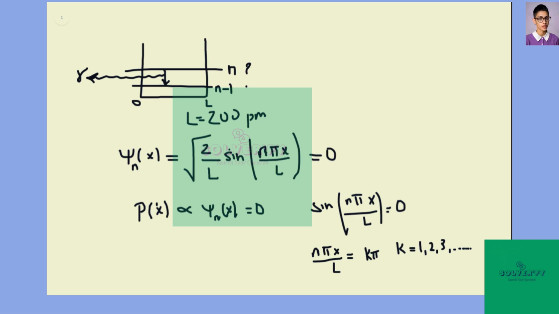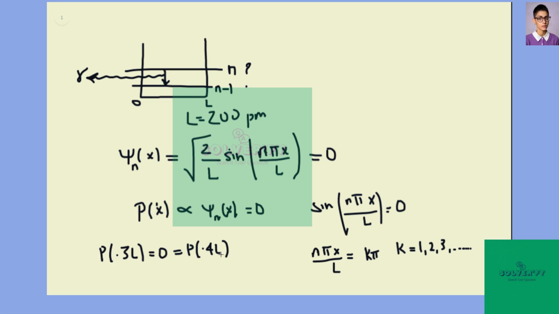Now the problem also tells us that the probability density of the electron is 0 at x equal to 0.3 L and 0.4 L. So P at 0.3 L is equal to 0, and P at 0.4 L is also equal to 0.